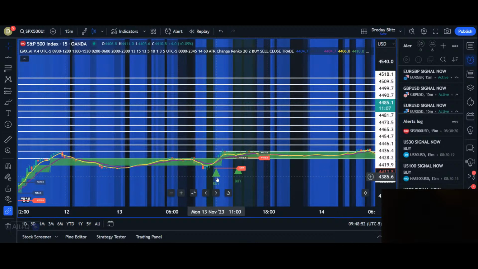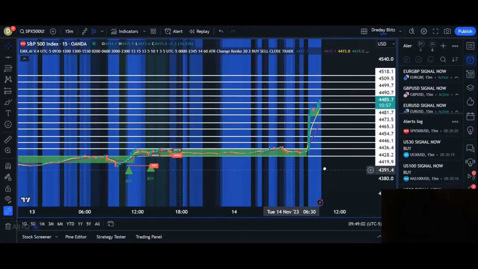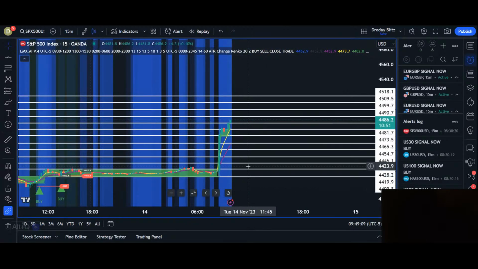So at 11, then another one at 115 and 130. So based off of that, you would still be in those trades going up. And as long as you don't receive a notification that we're going bearish, you would still be in those trades. Okay.